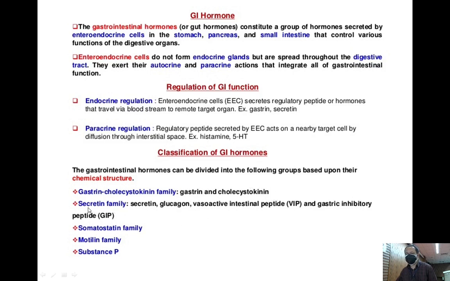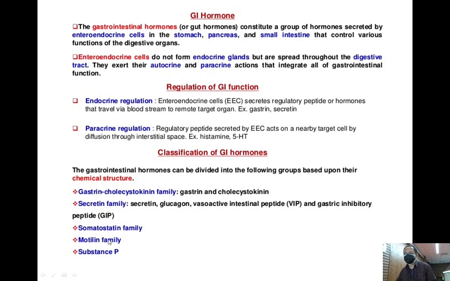Then the secretin family consisting of secretin itself, glucagon, vasoactive intestinal peptide, gastric inhibitory peptide. These all belong to what we call the secretin family. Secretin is the first hormone discovered by Starling and Bayliss. All right, the first hormone that was ever discovered among the hormones.